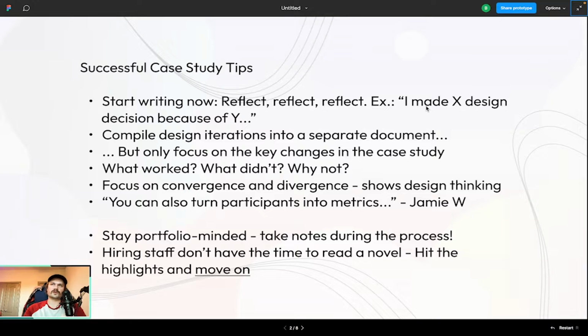But when you make a major change, document that in such a way that you can go back, and that in combination with any notes that you might write will better help you understand the process that you used, and you'll be able to maybe even use some of the text you wrote in the case study.